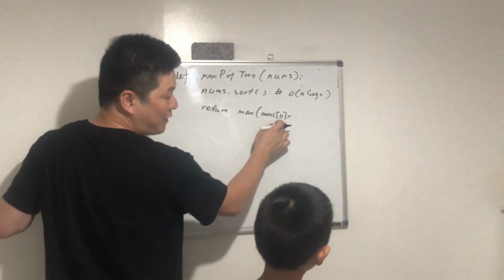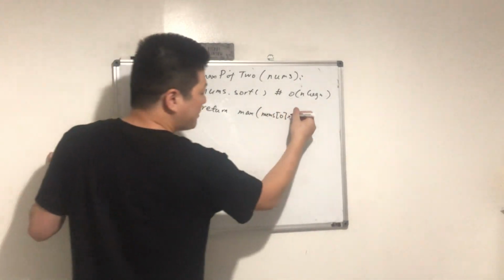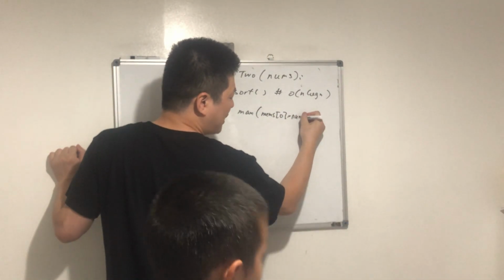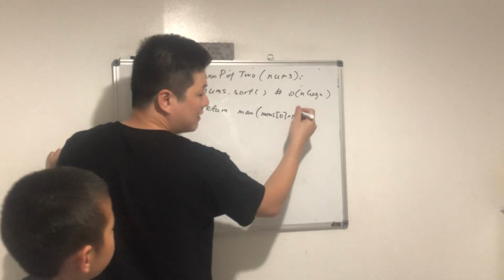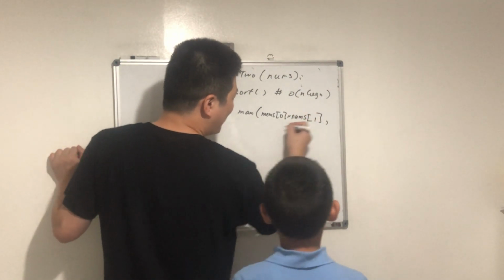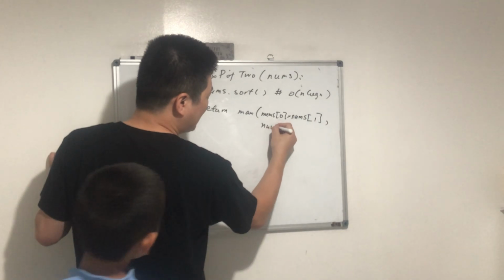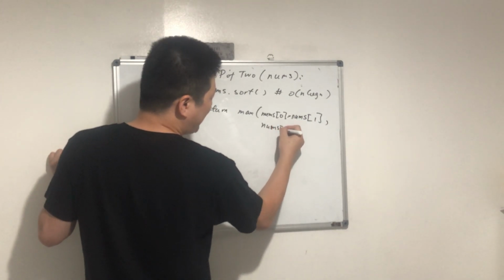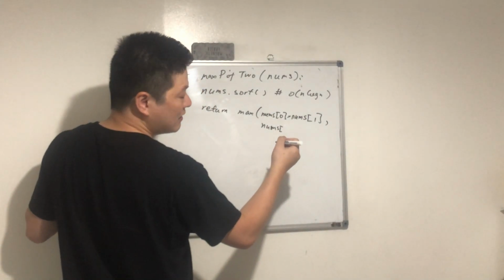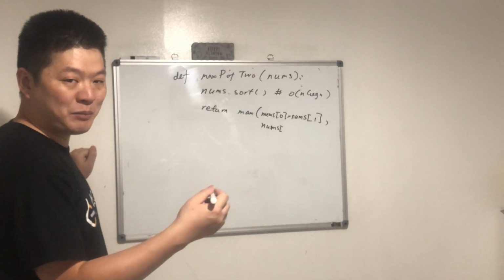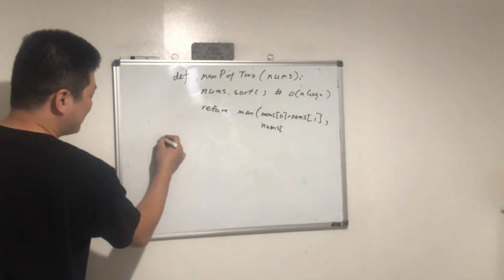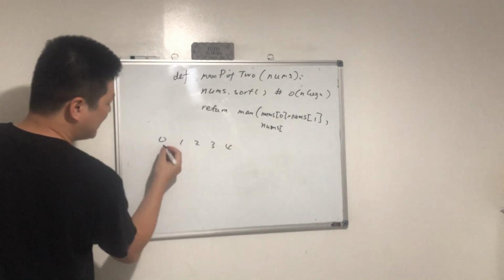This is the smallest number, right? Times nums[1]. Yeah. And between that, the biggest number, which is what? The biggest number on the right hand side. If you sort it, 0, 1, 2, 3, 4, this is index -1.